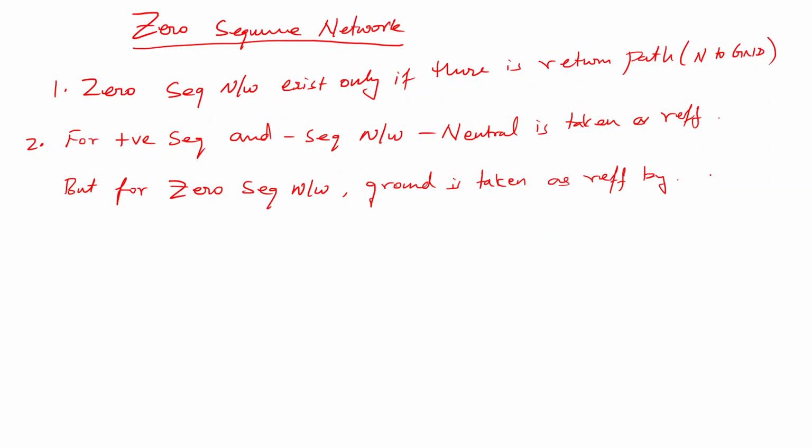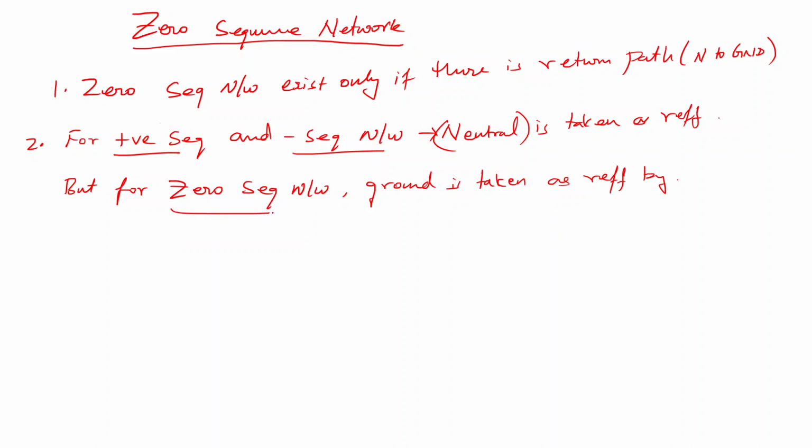Because in the positive and negative sequence networks, whether it is connected to ground or not, I may get positive and negative sequence. To confirm a reference, at least we need a neutral. Even if it is not connected to ground, I will at least get a neutral as a reference for positive and negative sequence.